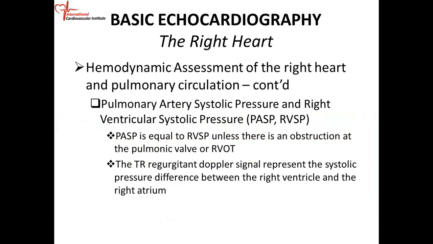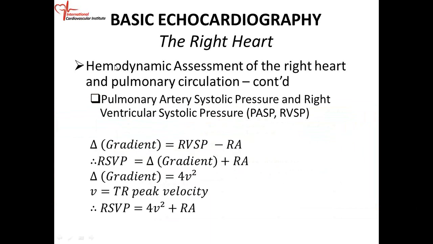when you do your Doppler, you can transform that velocity into a gradient: 4v squared. Just going over the exercise, the gradient is the right ventricular systolic pressure minus the right atrial systolic pressure. That's the gradient, because the blood is flowing from the RV to the RA.